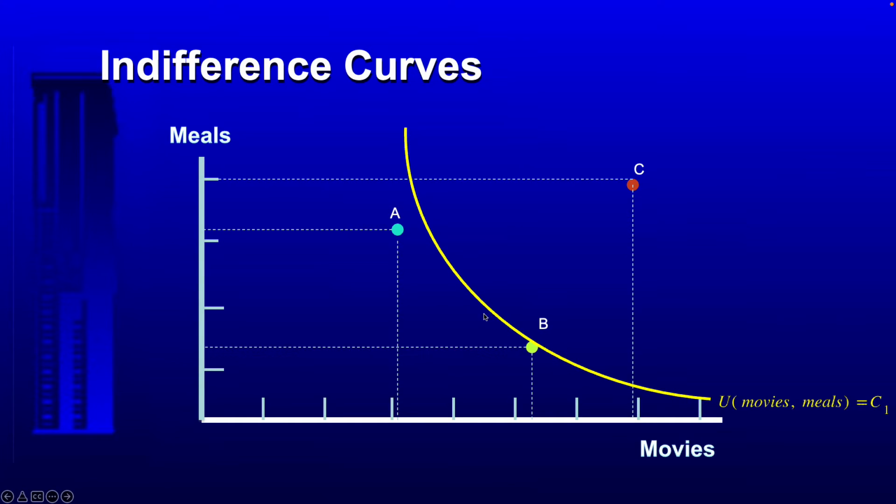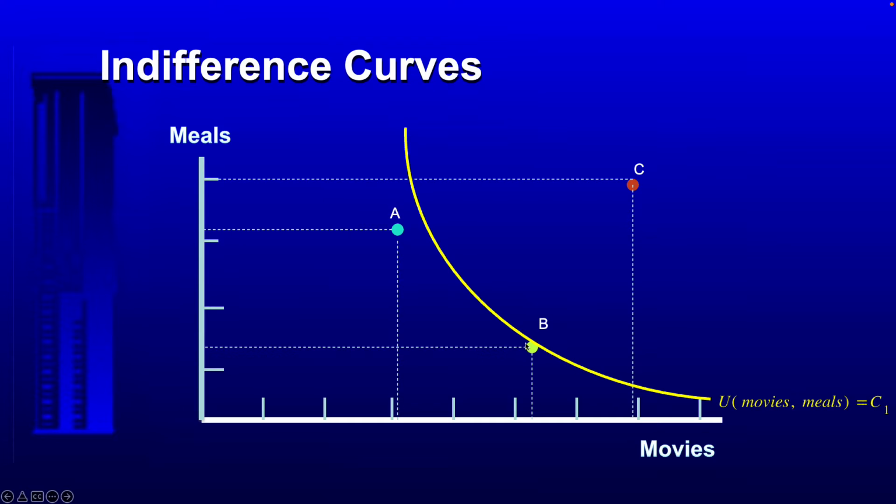So the curve itself, just like it would be for a topographic map, is a set of points or set of locations where the utility, or the elevation if it was a topo map, is some constant. So we have, say, the point B here, and every point on the curve that we've drawn is going to be some combination of meals and movies, which provides the same utility as does point B.